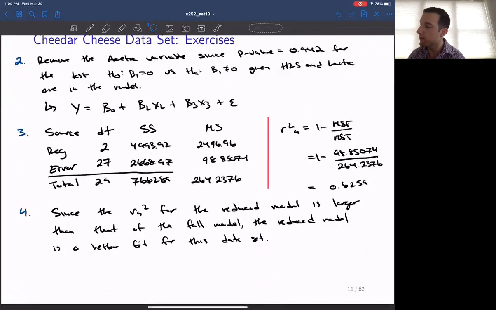We summarized the smaller model's information in another ANOVA table, and we computed an adjusted R-squared for that model. So in this exercise, we've seen 2 illustrations of how to compute the adjusted R-squared. The interpretation of the adjusted R-squared is the same as that of the R-squared value, but we've also seen how we can use this tool to compare the models.